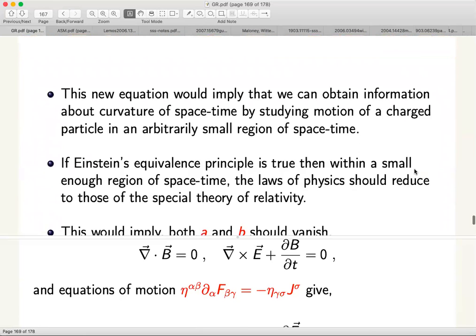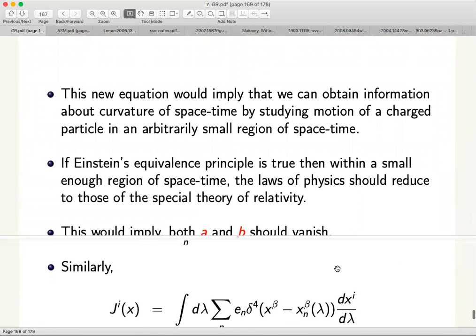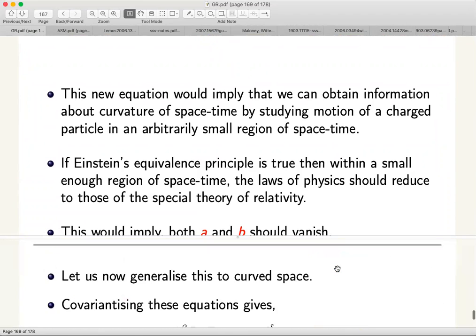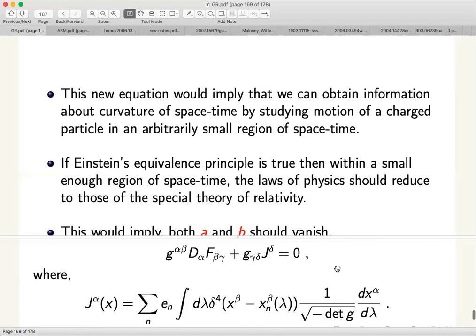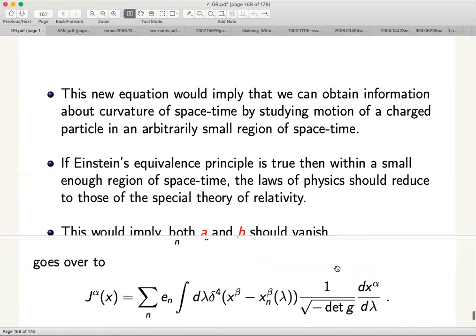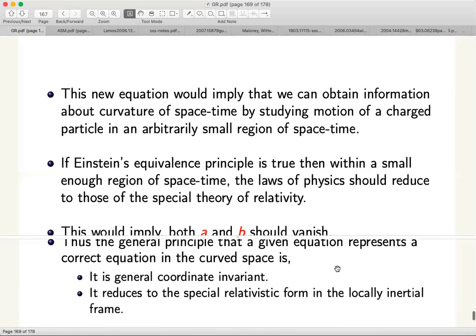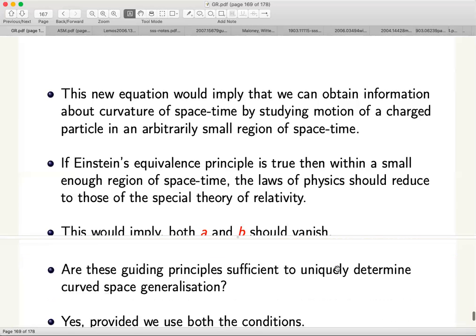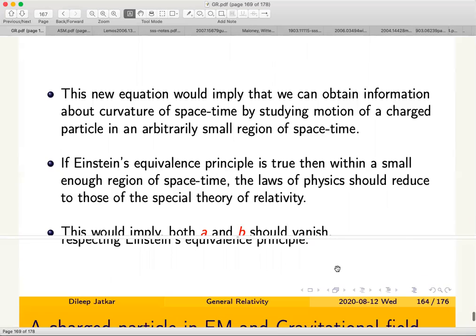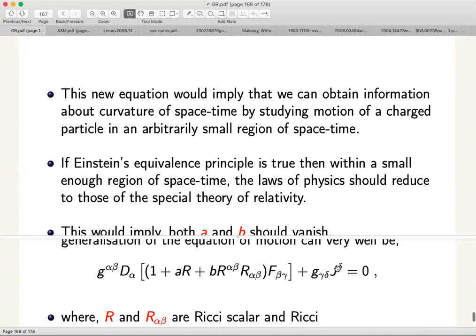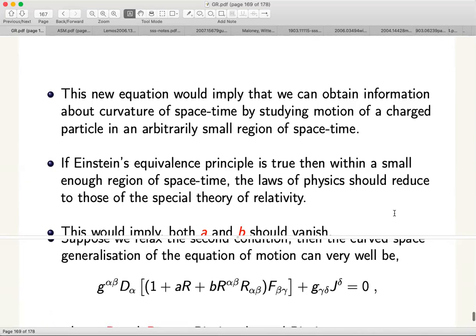Fine. So what does that mean? That would mean that if you have this new equation, so let me flash that equation now. If you look at this equation now, then you would go to the local Lorentz frame and just forget about the effect of gravity or curvature.